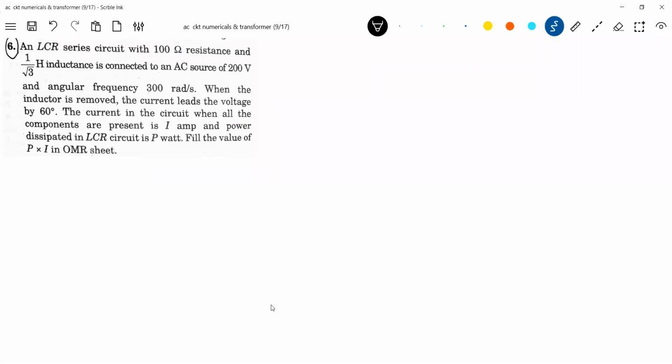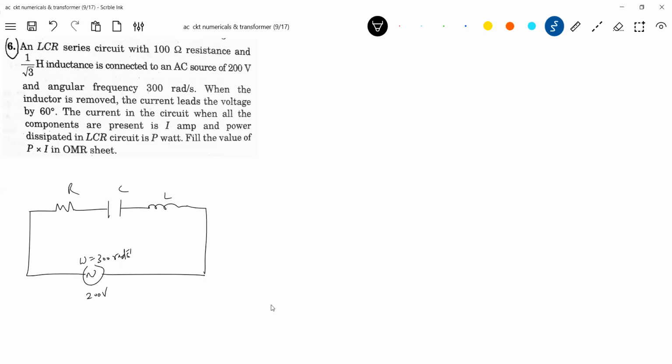So the initial part of the circuit: this is a resistance, capacitance, this is an inductance. 200 volt is the V_RMS value, and the angular frequency is 300, with 100 ohm resistance.